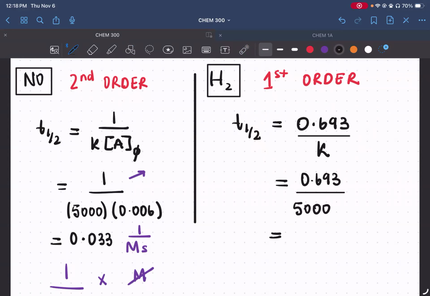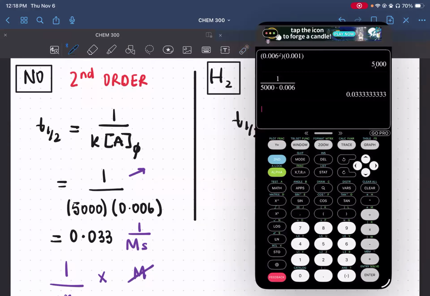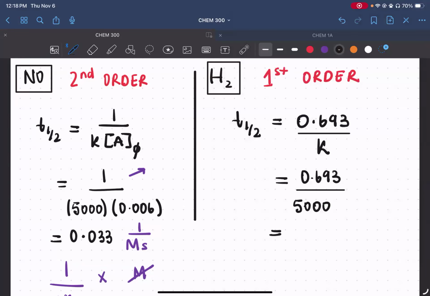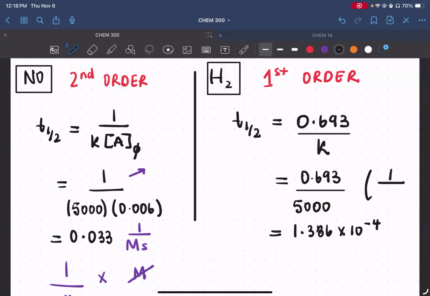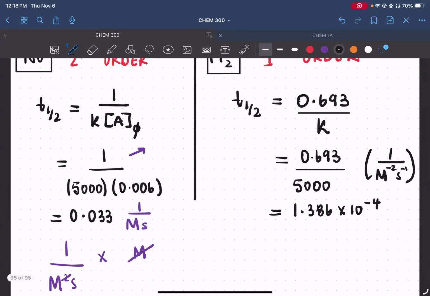The equation doesn't ask for it. 0.693 divided by 5,000 is 1.386 times 10 to the negative 4. The units are, of course, it's a flip. This becomes molarity squared per second.